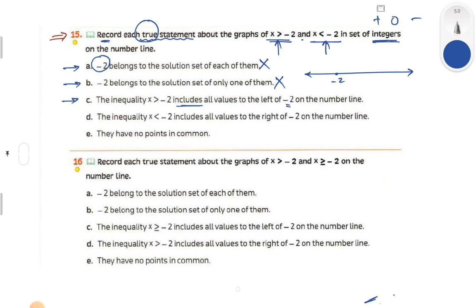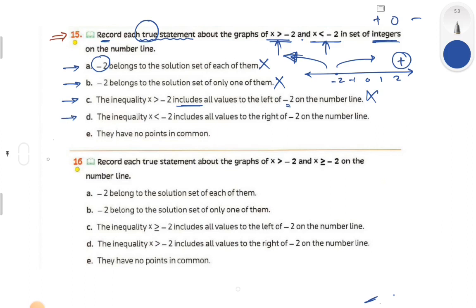What numbers are greater than negative 2? Go to the right or go to the left? Of course, go in the positive direction, right? It may be negative 1, maybe 0, 1, 2, and so on. So he said all values to the left of negative 2, he goes in the wrong direction, so it's false.